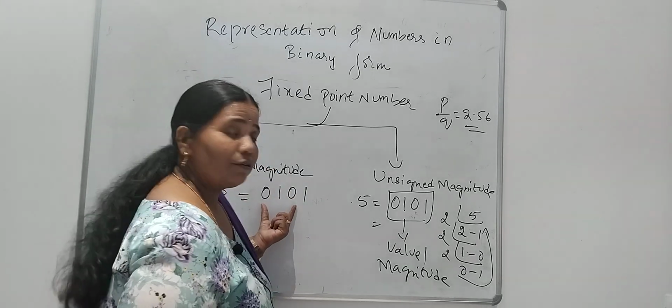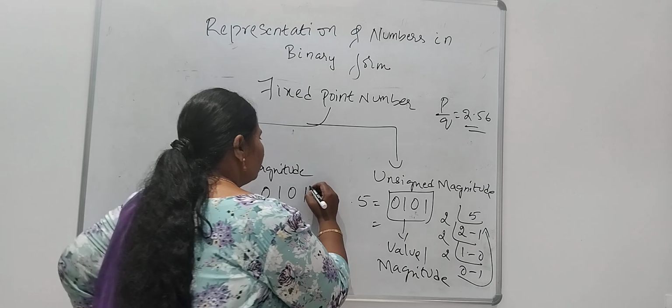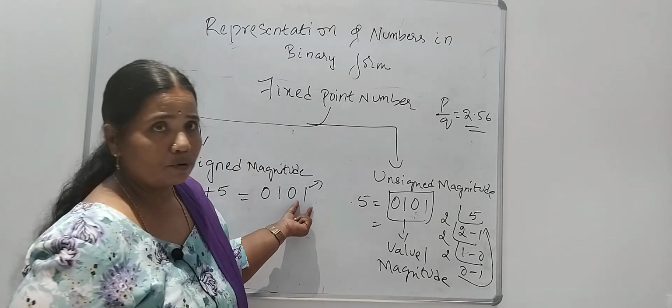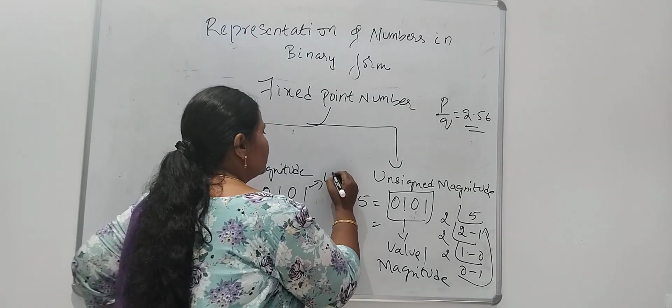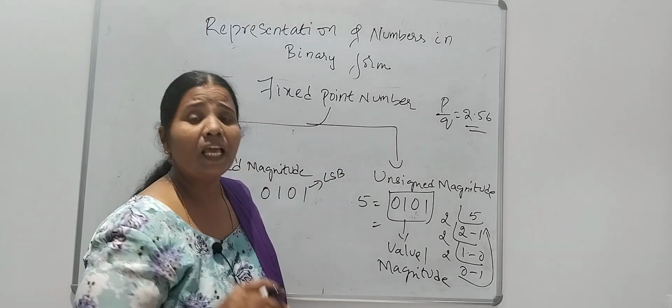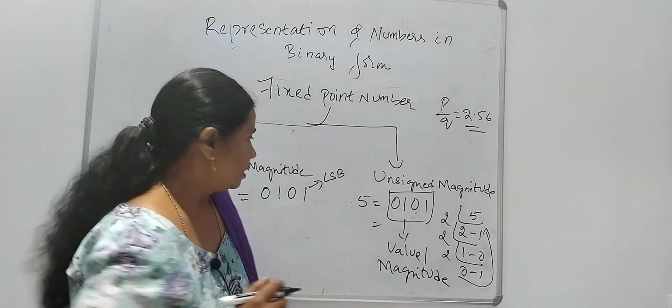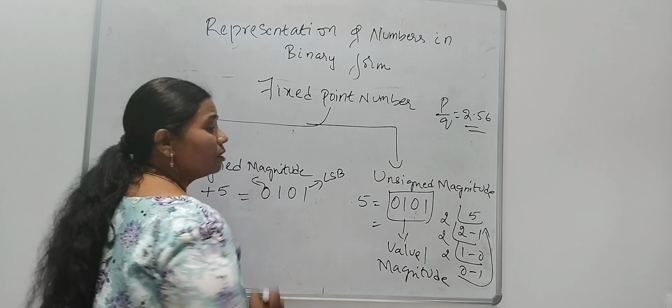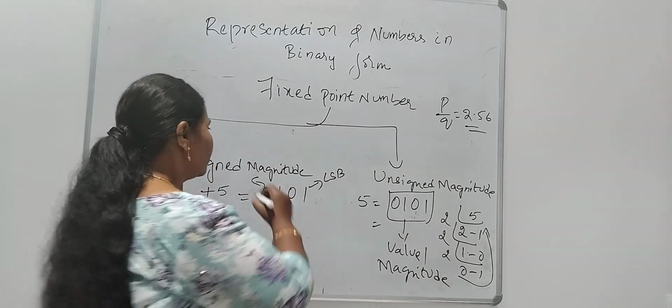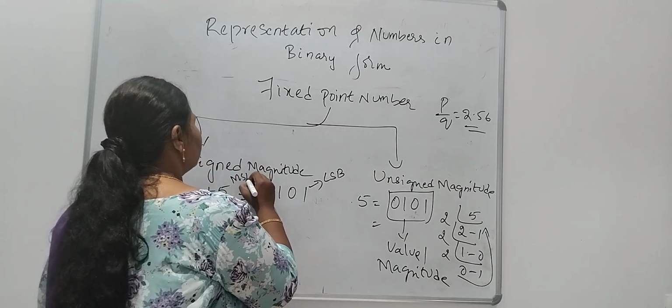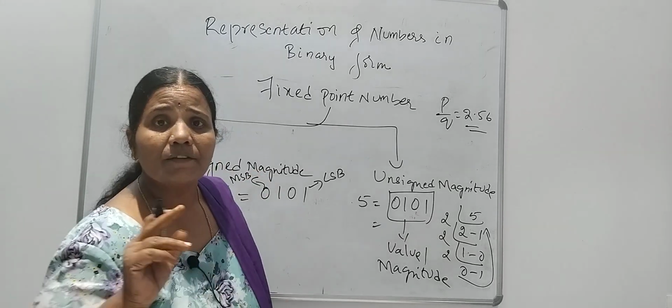Whenever you take a group of bits, the rightmost bit is called LSB, least significant bit. Similarly, the leftmost bit is called MSB, that is nothing but most significant bit.